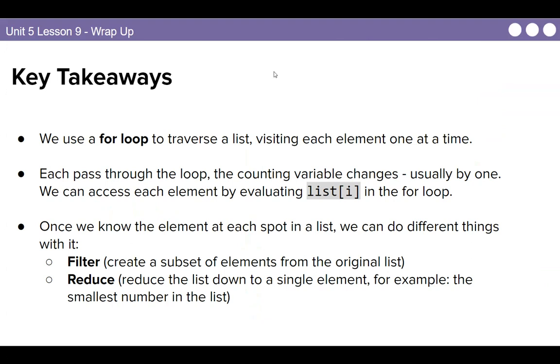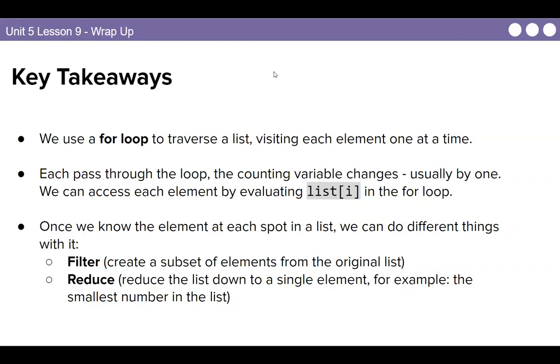So the key takeaways from this are that we use a for loop to traverse a list. As I mentioned, you can use a while loop, but most people use for loops because they're the gold standard of loops, right? They've got everything you need in one spot. You don't have to worry about finding where the initializer is, or if you've forgotten it, or if you need to add a counter, et cetera. So we're going to use a for loop.